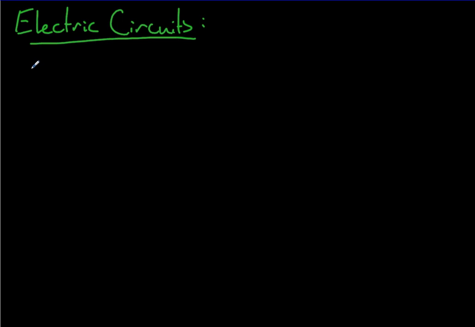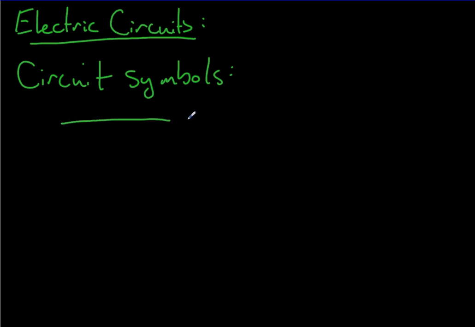Okay, so let's actually draw our circuit symbols first. I know some of you have taken electronics and you know this symbology already, but let's just review it here, okay? So lines indicate wires.